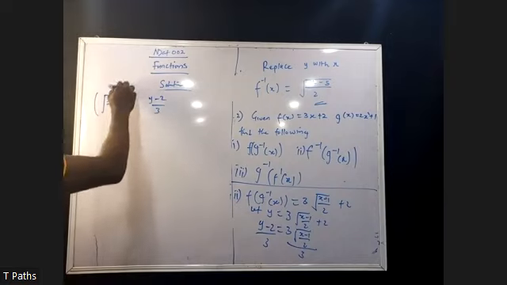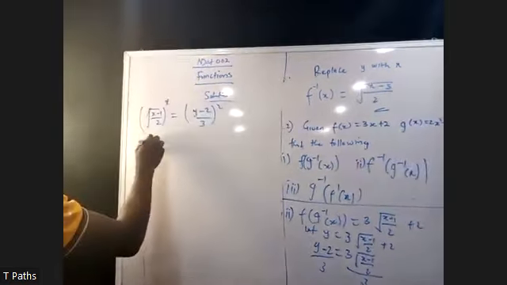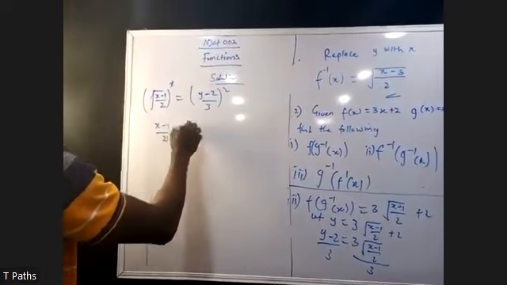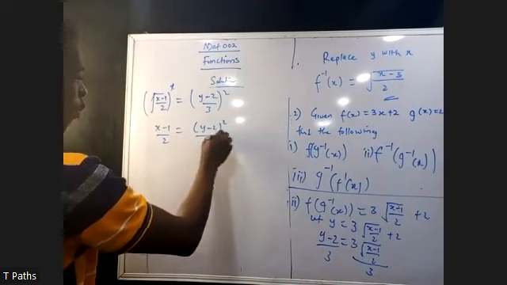Then I will square both sides. When I square both sides, the square cancels the square root. I have x minus 1 over 2 is equal to (y minus 2) all squared over 9.